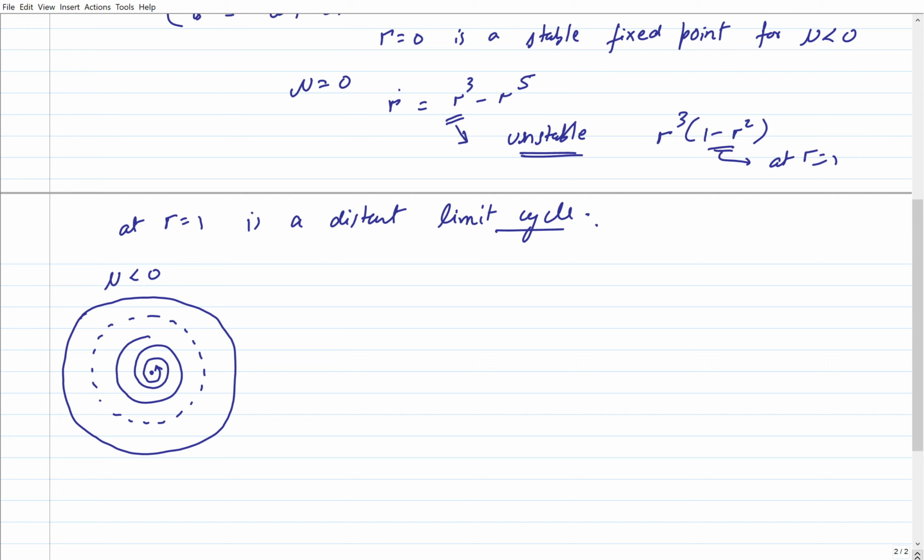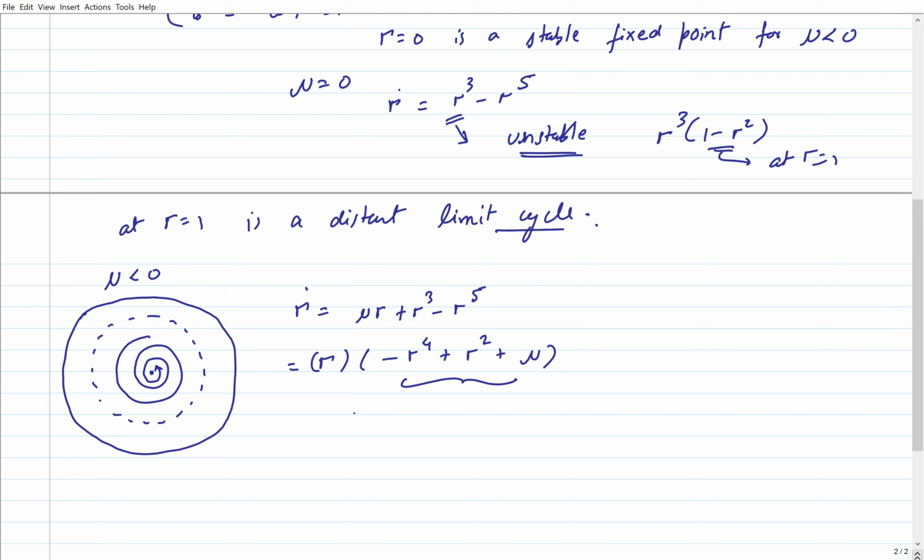Let me write down the equation again for mu less than 0. That's mu r plus r cubed minus r to the power of 5. Of course, r equals 0 is there. I can write this as r times minus r to the power of 4 plus r squared plus mu.